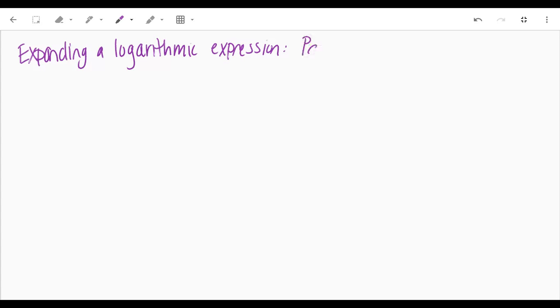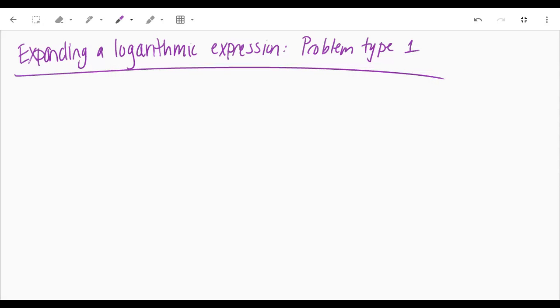We have problem type 1. We're supposed to use the properties of logarithms to expand log, and if they don't give you a base, it's 10, of x over z to the 9th.